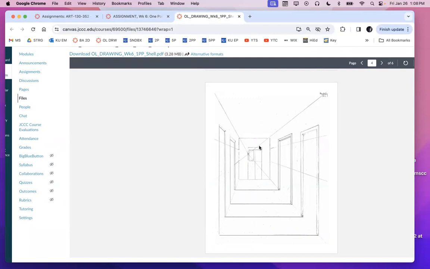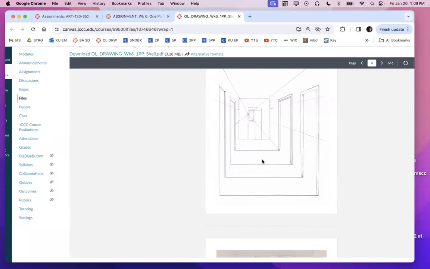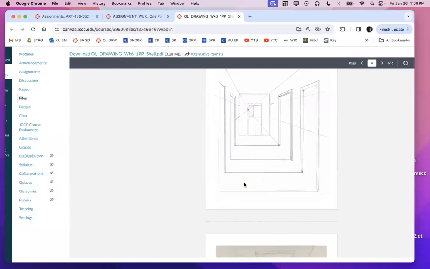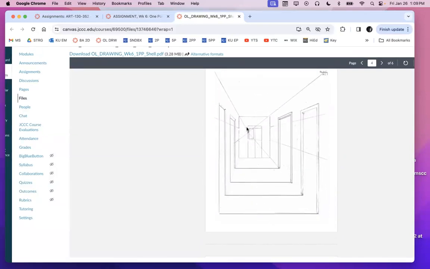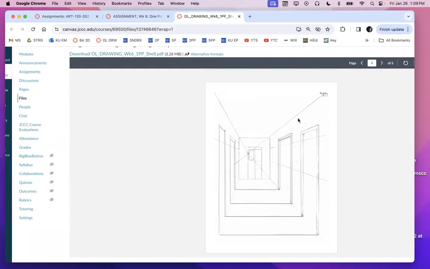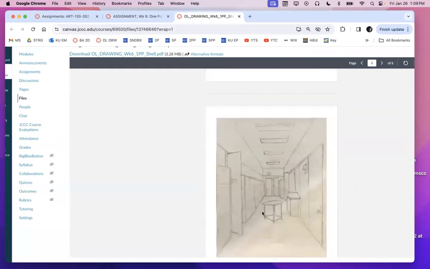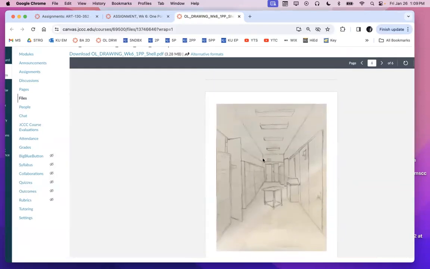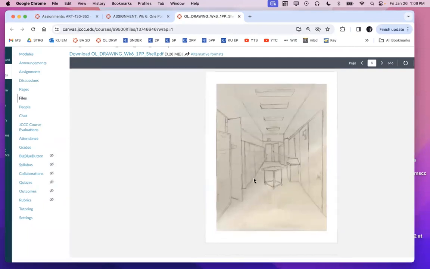It should be a straight line, not a bent line. I'll look at some examples in just a second at the end here, but they should always converge back to this vanishing point. If you do a theoretical hallway, it helps you when you do the final hallway or interior, because you're going to do a final drawing.